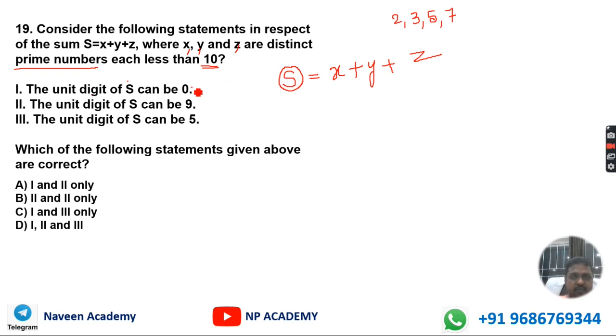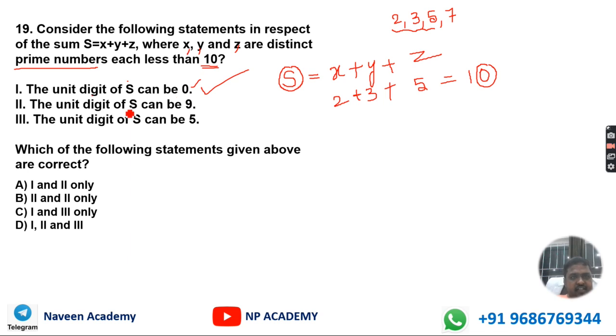S can be 0, so we have to check. Okay, if you check, my dear friends, if I use 2, 3, 5, if I add 2 plus 3 plus 5, how much? You will get 10, correct? See, the last digit is 0 we are getting, so that first statement is true, can be possible.